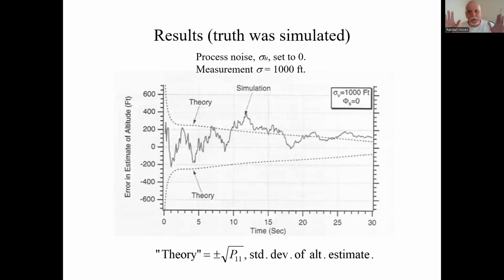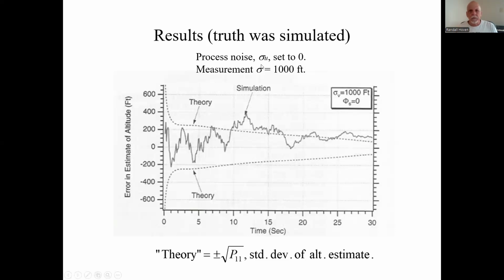It might not be how accurate the filter actually is. And in our case, the P11 term corresponded to altitude itself, the x1 state vector. So the square root of that thing is just the standard deviation. So these two limits kind of are plus and minus 1 standard deviation. We would expect our error to be within those limits approximately 68% of the time, 2/3 of the time.